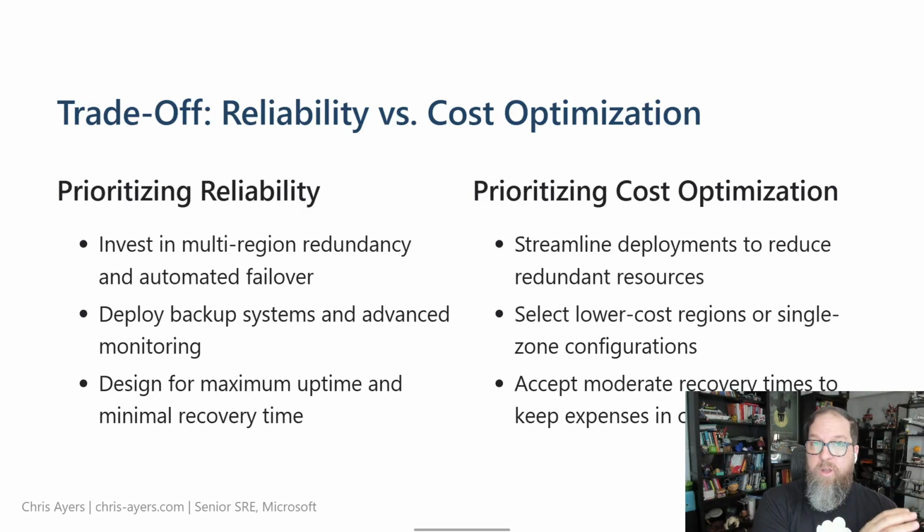So if you're running on VMs or single instance servers, maybe you move to a higher SKU for data that is hypercritical. And so you have a global database that handles synchronization for you so that you can have multi-region read and write. This is where those trade-offs come in.